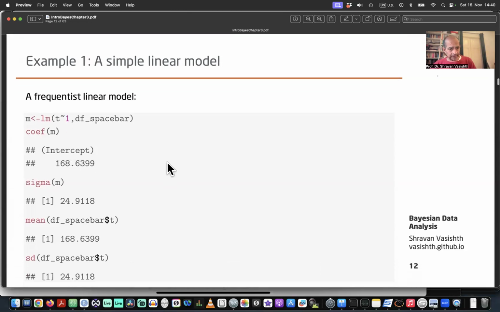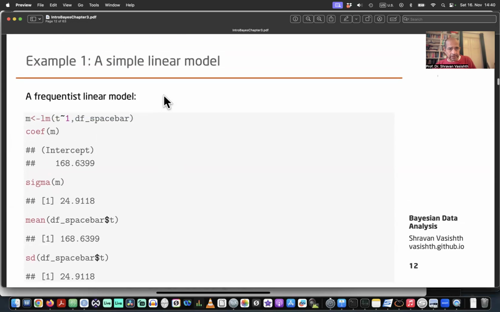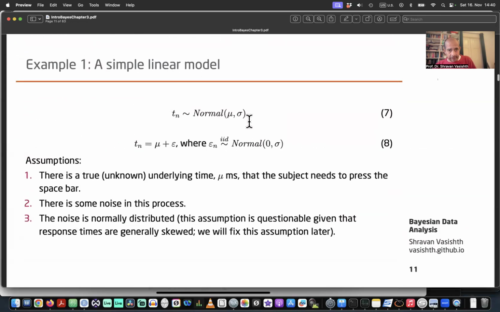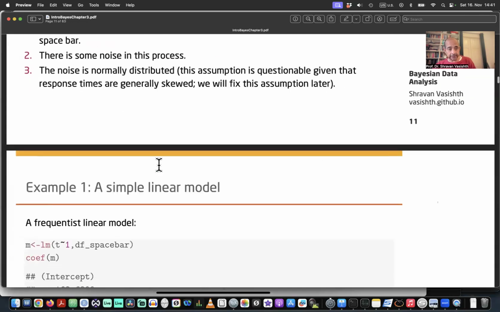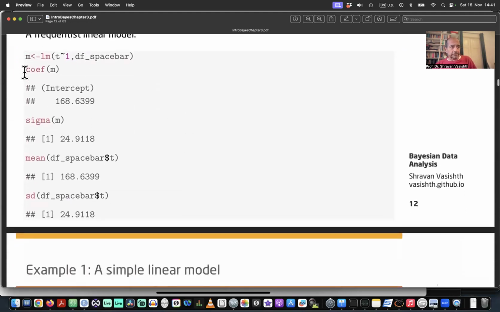Once you fit this model, underlyingly, in this lm statement, the underlying assumption is exactly what I've written here, that the likelihood is Gaussian. All those assumptions are implicit in this lm function. Okay? Once I fit the model, I've saved it as an object m, and then I can examine the coefficients.